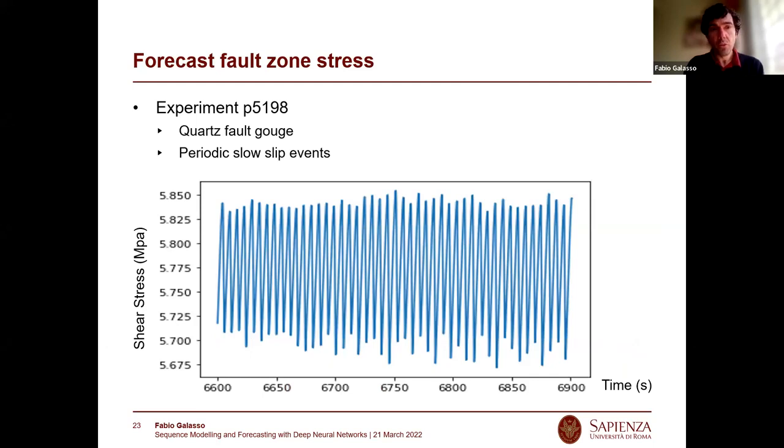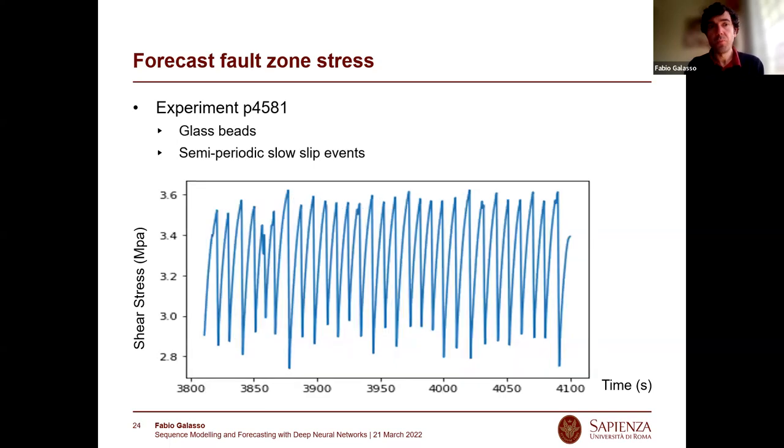Right, so there are 3 main experiments that we have considered. So the first one is one with a quartz fault gauge, and this is about periodic slow slip events. It is, of course, more regular, right? And potentially, as we may expect, easier to predict.